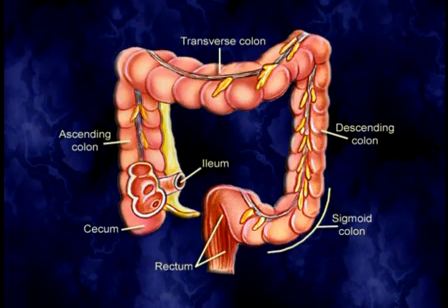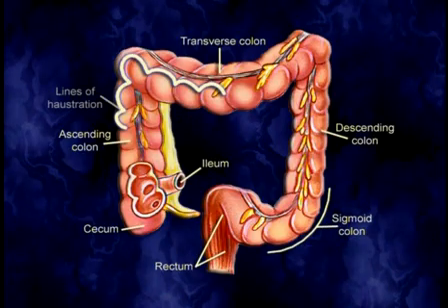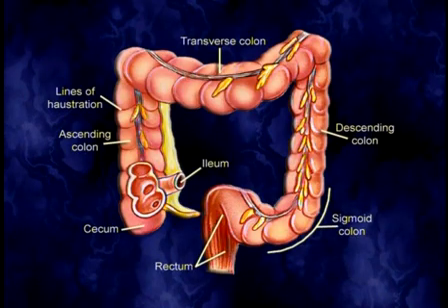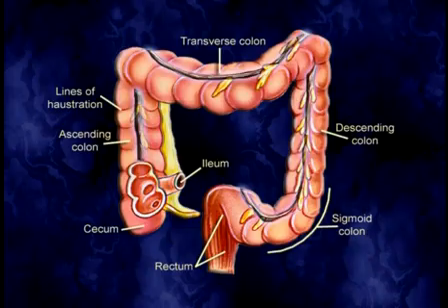First of all, you see what look like little pouches all through. These are called lines of haustration, and they are where those circular muscles have been pulled tight. Also, they are where this structure comes in. See this line running along here? Well, this is the evolution of the longitudinal muscles of the rest of the GI tract.